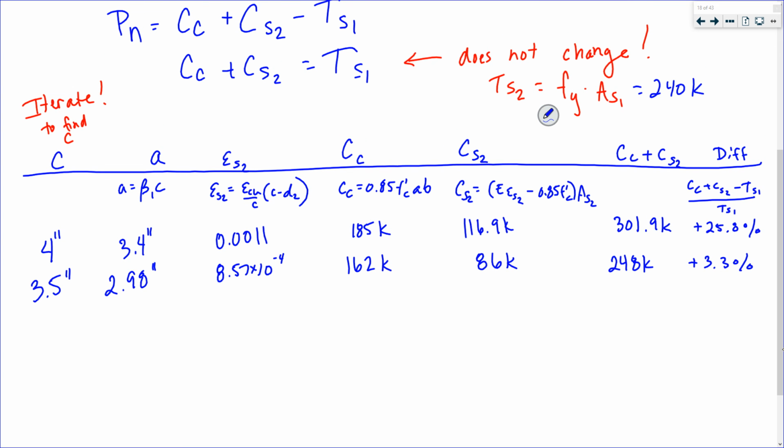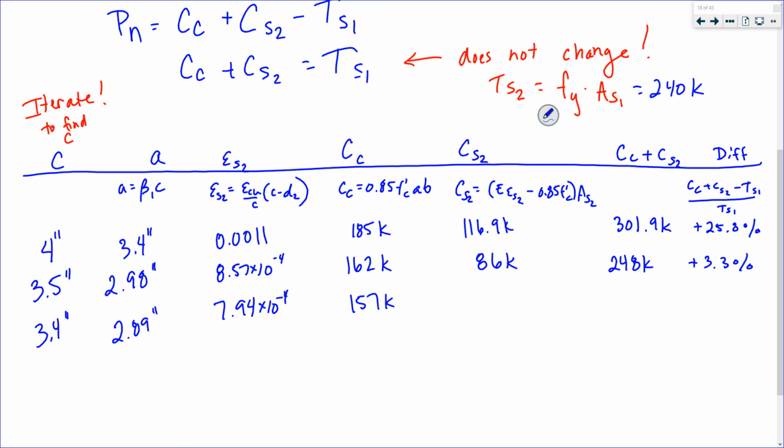Okay, what if I go down to 3.4 inches for my C? Now my A is 2.89 inches. My strain in my steel is 7.94 times 10 to the minus 4th. My C sub C is 157 kips.